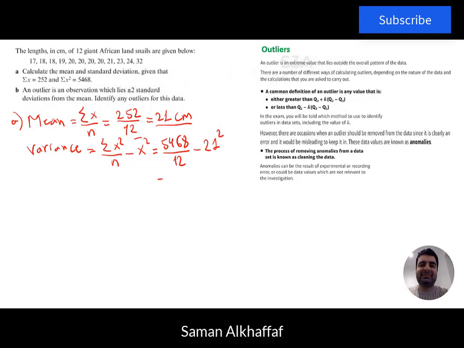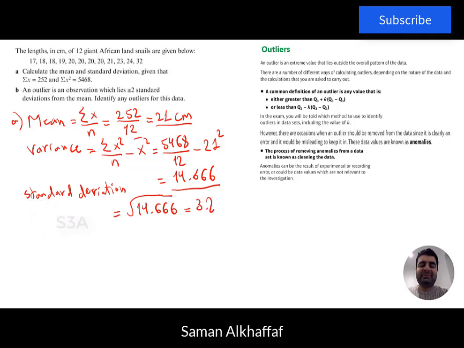So the value in this scenario will be 14.666, to 3 decimal places. Now the standard deviation will equal the square root of the variance that we just found, which is 14.666. So to 3 significant figures, the value will be 3.83. So that represents the standard deviation.